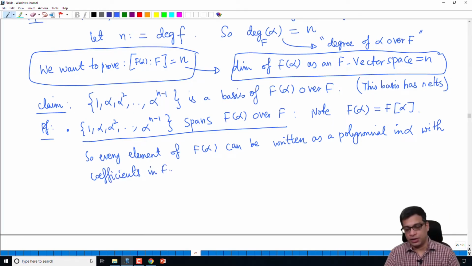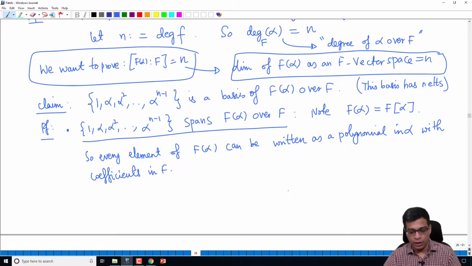This is by definition. This has nothing to do with f, the irreducible polynomial of alpha. F[alpha] is the polynomial ring over F in alpha. That means elements are polynomials in alpha with coefficients in F. So every element can be written like that. But we are trying to show that this particular set spans it.